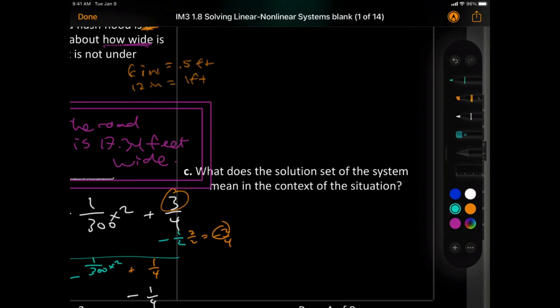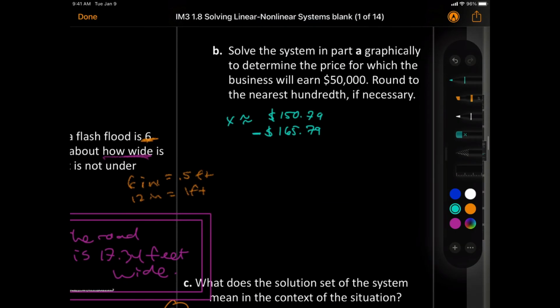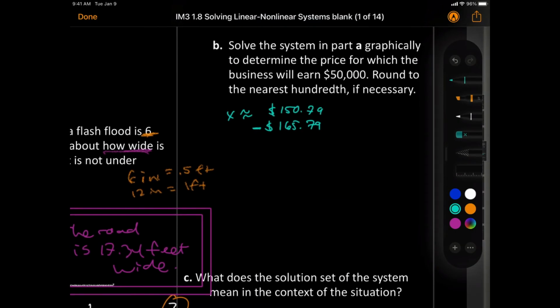Okay, so let's think about this. I'm recording this video and it's almost Black Friday, Cyber Monday. I'm going to do lots of shopping, you're going to do lots of shopping. Let's just say we own a small business called MrMathBig.net. And let's just say profit means positive, and negative means I lose money. So would it make sense to give away $165.79, like I'm giving away free, I don't know, expensive flashlights, and I get a profit of 50,000?